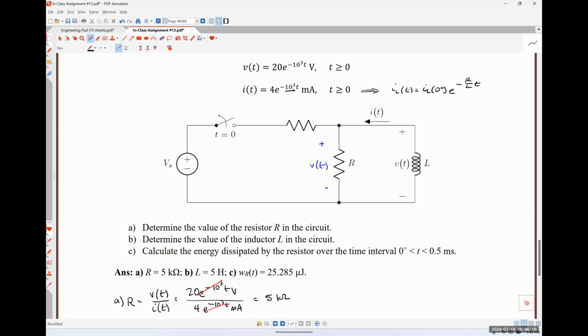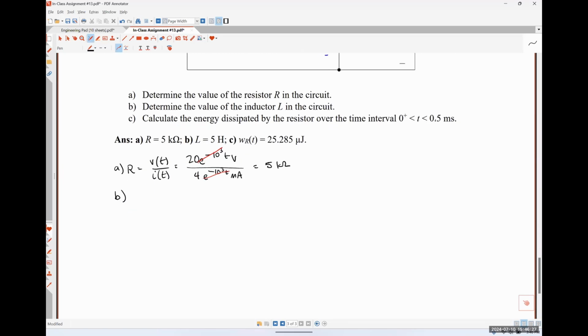So this 10 to the third right here is R/L. So 10 to the third is equal to R/L, which means that L is simply R over 10 to the third.